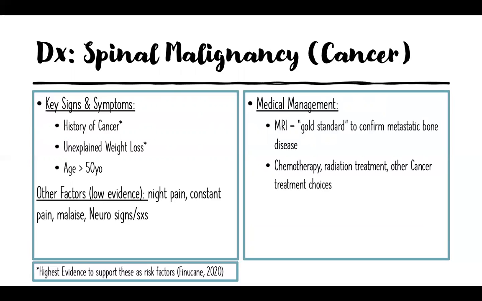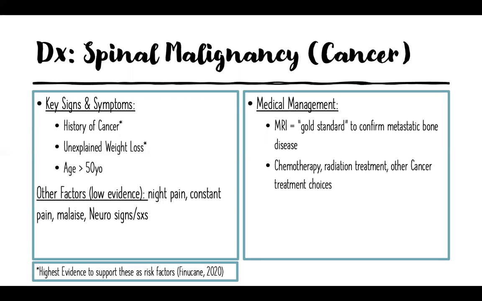Unexplained weight loss, as cancer is a highly metabolic tissue, it can cause an increase in metabolism and unexplained weight loss. As age increases, we know that the risk of cancer increases, so age is a risk factor, although by itself it doesn't overall raise suspicion. As we saw in the case study, just because you're over the age of 50 doesn't mean you have spinal cancer. You could still have mechanical low back pain.